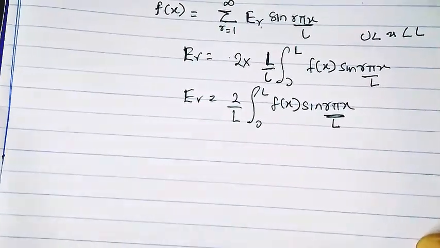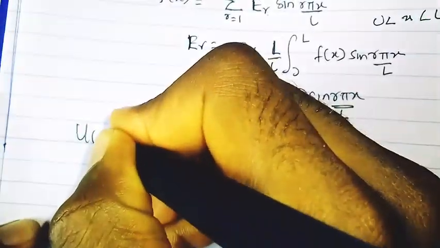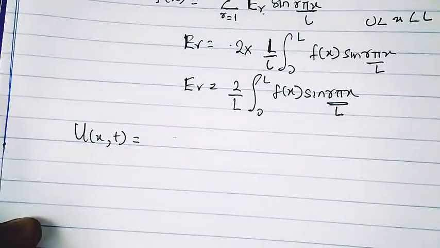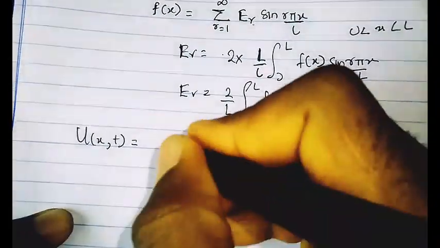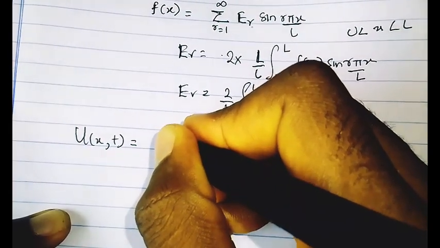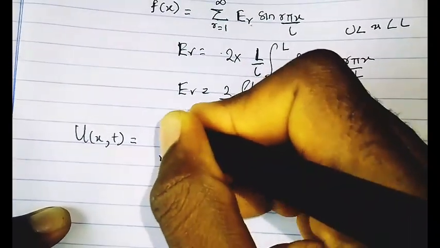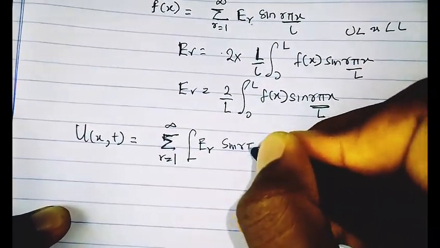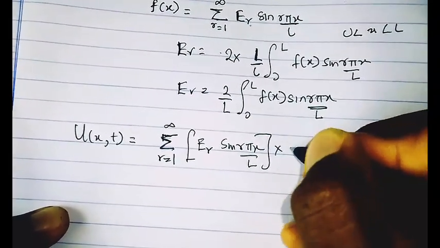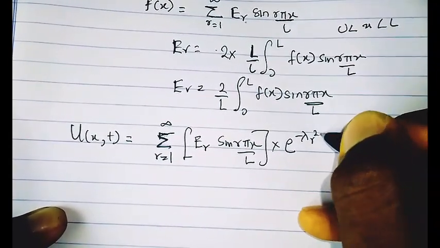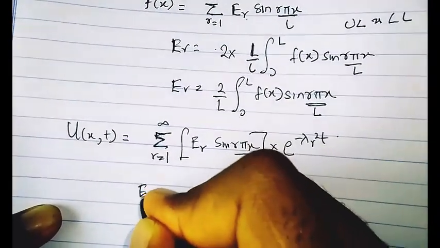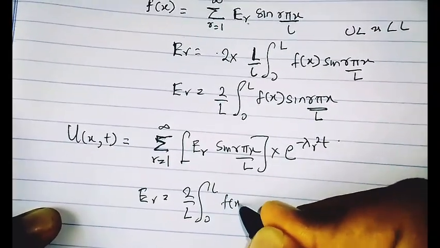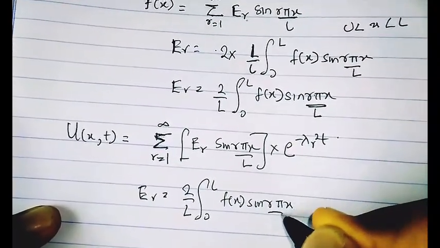So we can complete our equation, which is u, a function of x and t, equal to the summation from r equal to 1 to infinity of E_r sin(r pi x over L) times exponential of minus lambda_r squared t, where E_r is equal to 2 over L integrated from 0 to L of f(x) sin(r pi x over L).